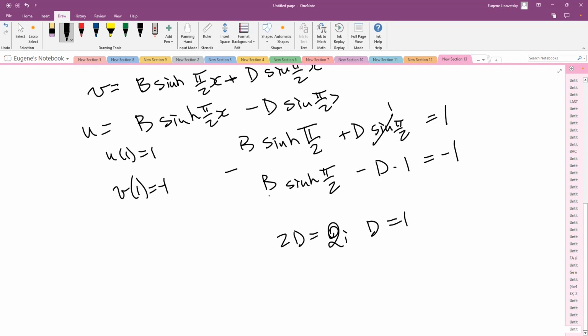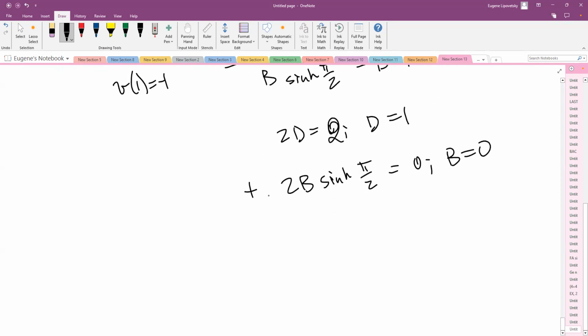So d is 1. And if you add them, you will get 2b sinh of pi over 2 equals 0. Therefore, b is 0. So we've done it all.